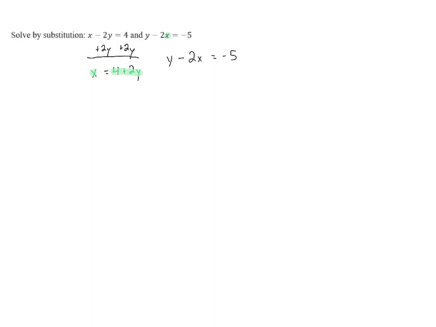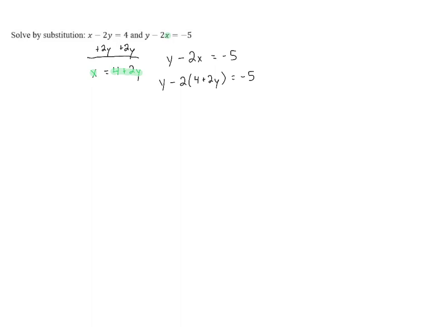And now, wherever we have an x, I'm going to replace it with 4 plus 2y. So we have y minus 2 times x, but we said x was 4 plus 2y, and that equals negative 5. Now that we've made the substitution, we can see that this equation only has y's in it, so we should be able to solve for y.